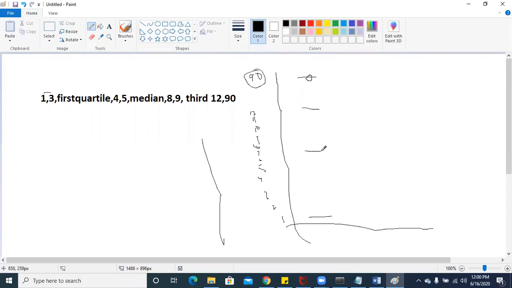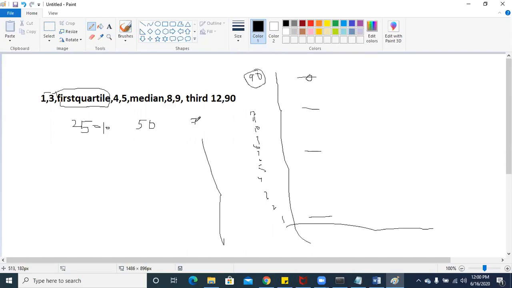7 is the median. What is the first quartile? First quartile is nothing but 25% of the data. Median is nothing but 50% of the data.